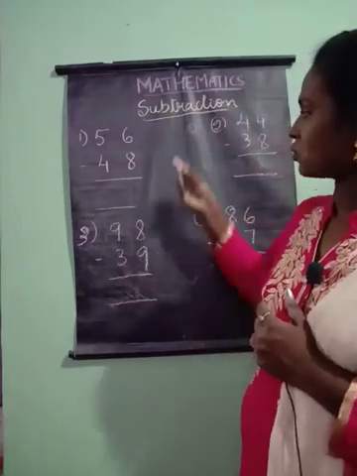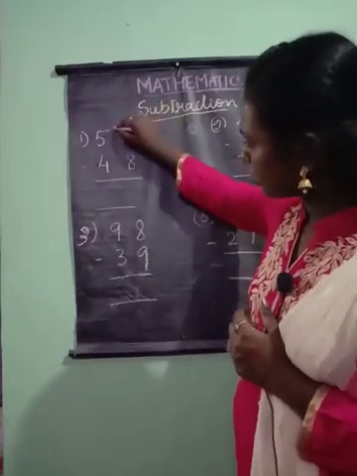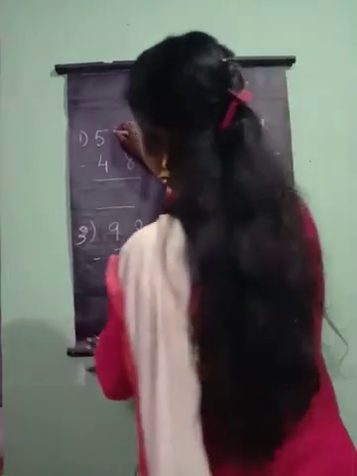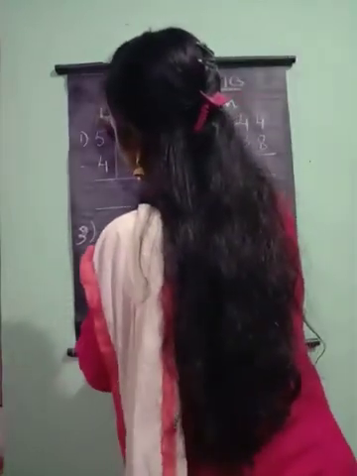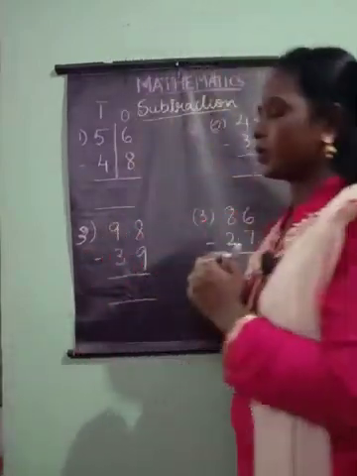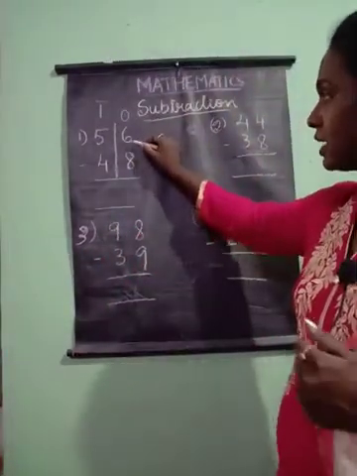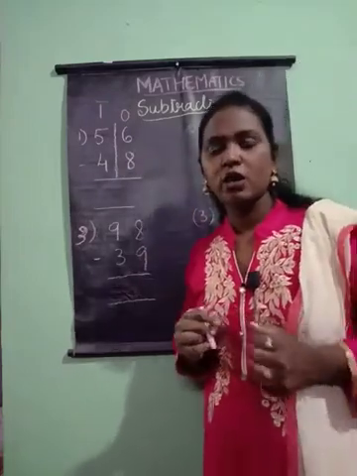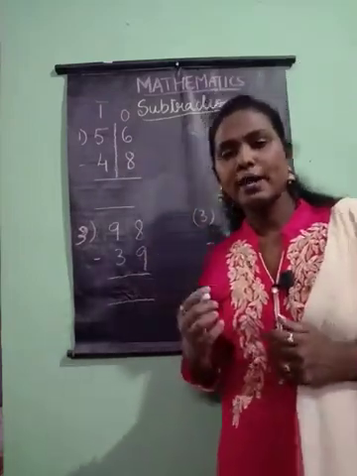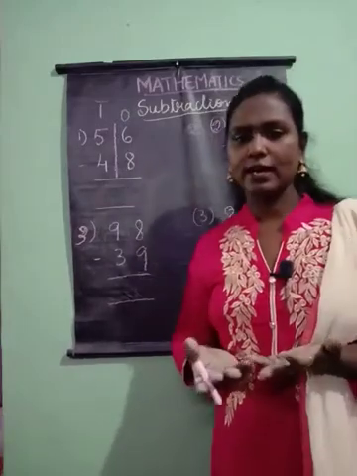Let us start now. First look at this column. This is the first column, the ones place and tens place. In the ones place, at the top we have 6. At the bottom we have 8. Which is the highest number? We know 8 is the highest number.